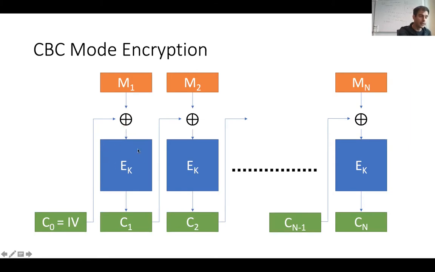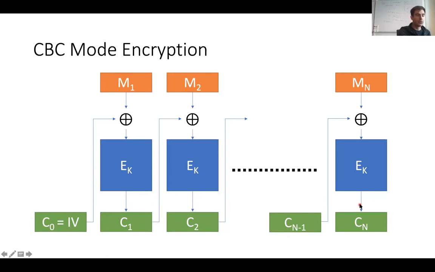Now you encrypt that using the block cipher, and you call this the first block of your ciphertext. You now repeat the process by taking this block of ciphertext, XORing it with the next message block, and encrypting it to get the next ciphertext block. You repeat this process until the last block. Now the sender sends to the receiver all the blocks of the ciphertext together with the IV. It's very important to also send the first block, the IV, called C0, because otherwise it would be impossible to decrypt.